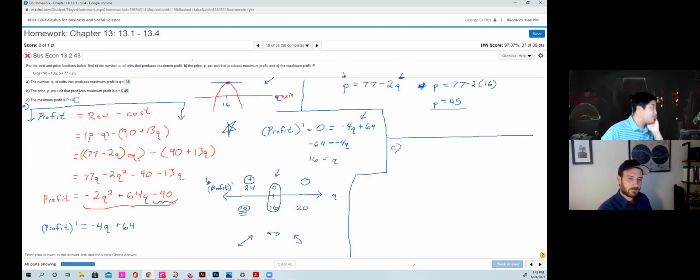So we don't necessarily... Oh wait. We have the formula that we made in the first part. Exactly. We literally said, if I know the quantity, I can find the profit, right? So big P equals -2Q squared plus 64Q minus 90. And then taking the Q from the first part, Q equals 16, take that formula and plug in 16 throughout the equation.